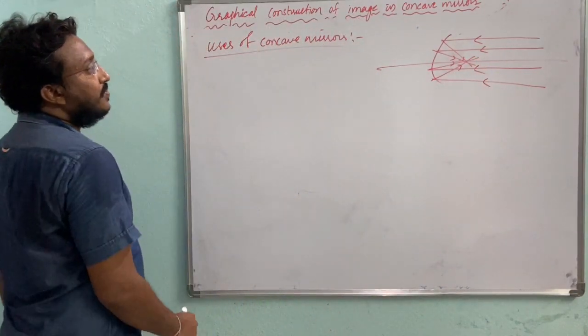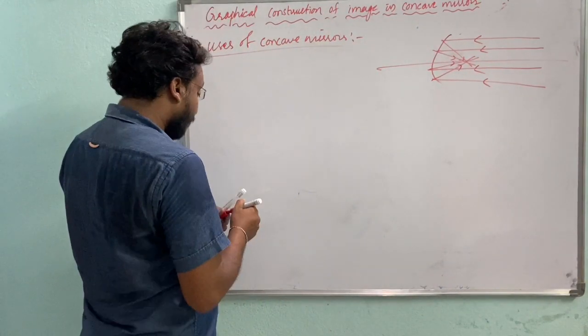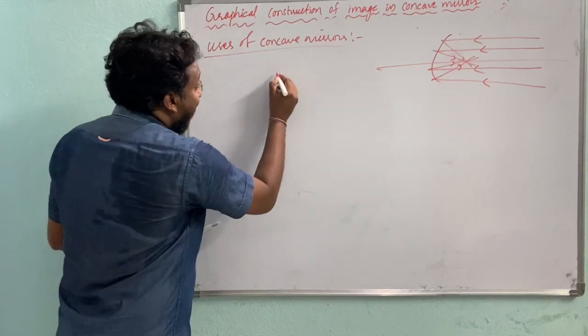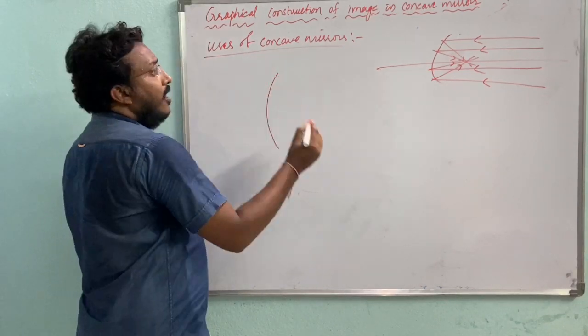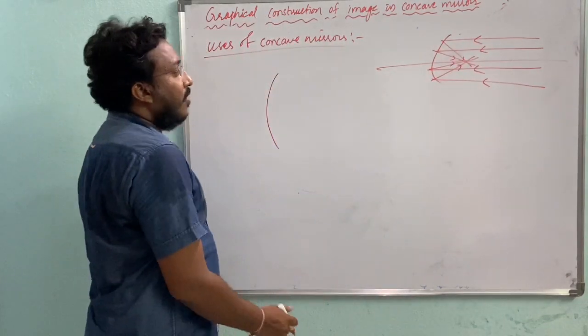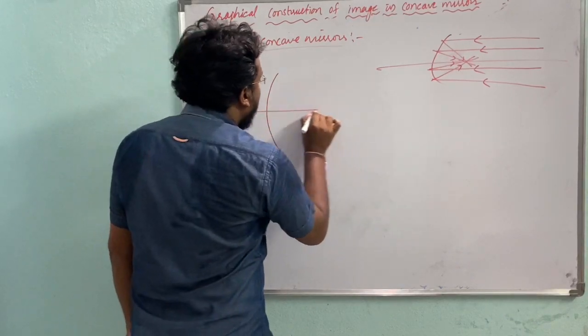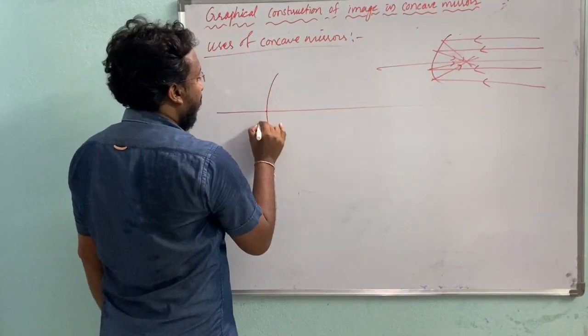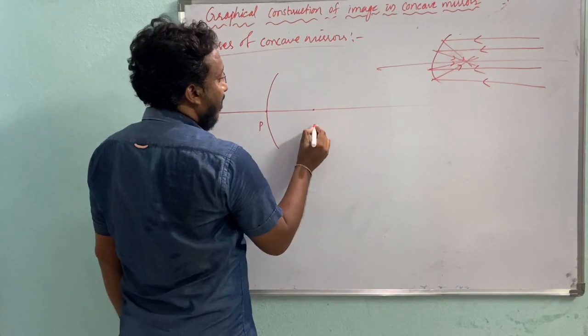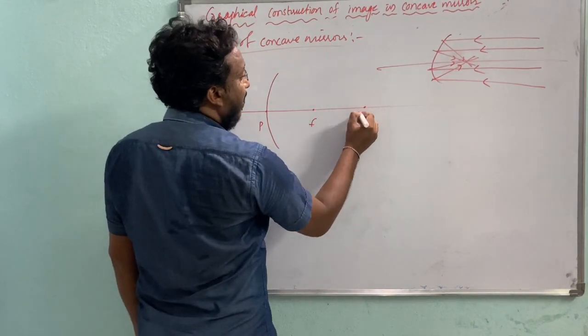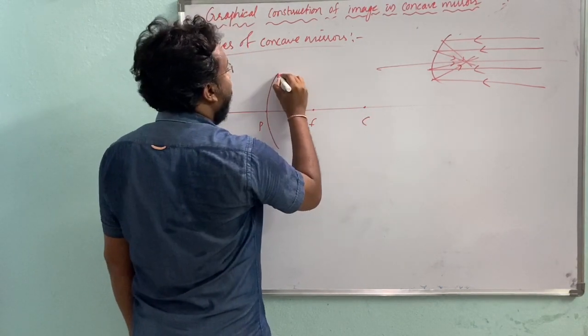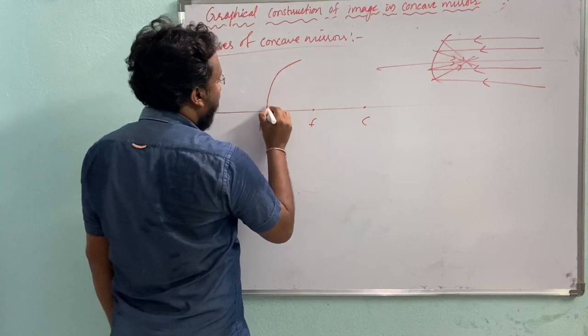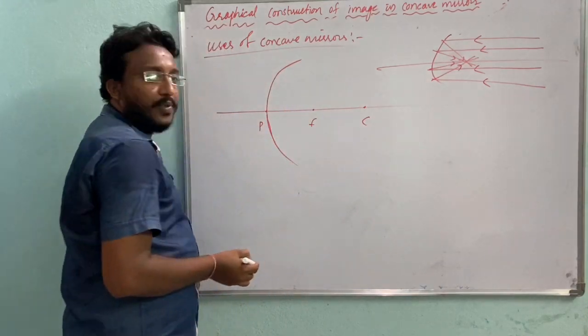Like that, if in case the object is at infinity, right? I have taken one concave mirror, with the pole, the focus, and the center of curvature. Then I have taken a slightly parabolic concave mirror, right?